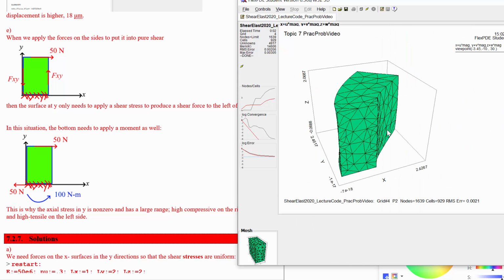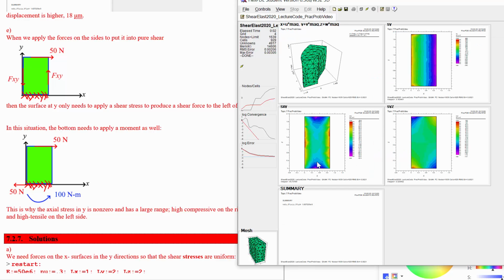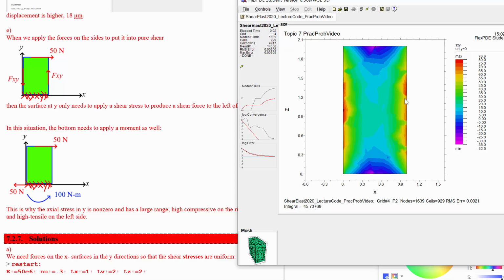So I'm claiming that the wall would want to make this thing move more to the left, so we have to produce stress to cancel that, which means on the X, well, this is the negative X surface. On the negative X surface in the negative Y direction, do we need to have more stress this way to stop it? I think we'd actually want to have more stress in the other direction, which is not what we're seeing. So I guess my intuition was not correct about that.